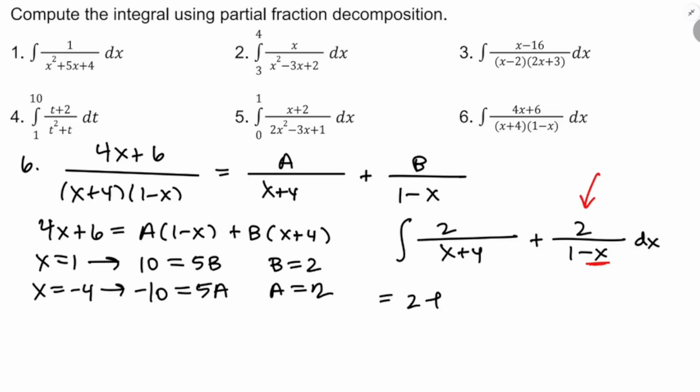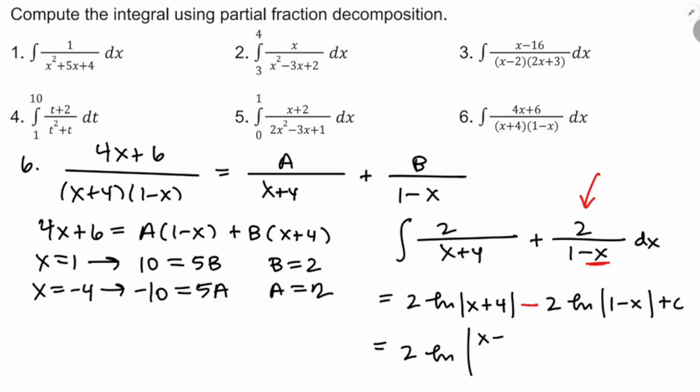So I've got 2 natural log absolute value x plus 4 plus 2 natural log absolute value 1 minus x divided by -1. So I'm going to be subtracting there. And add a plus C. And if I wanted to simplify that with log properties, which you definitely don't have to, you would divide the arguments.